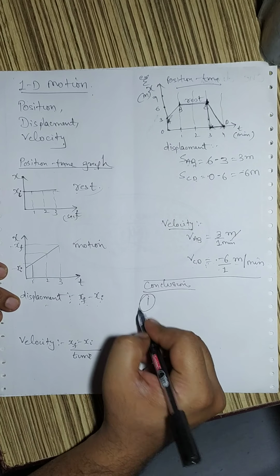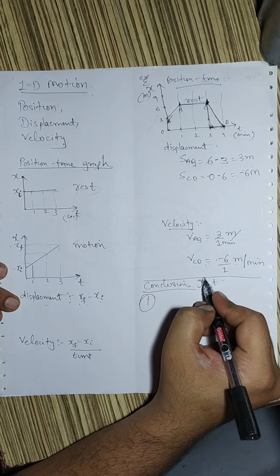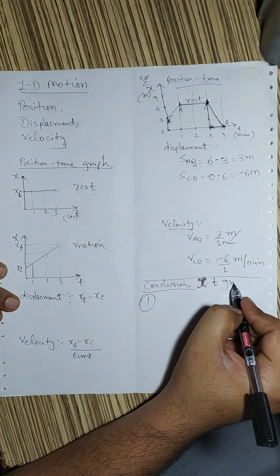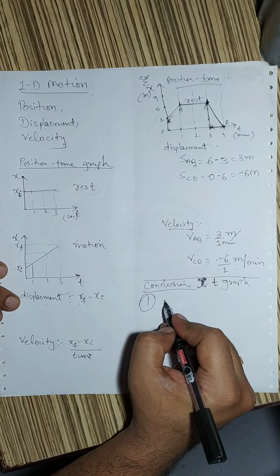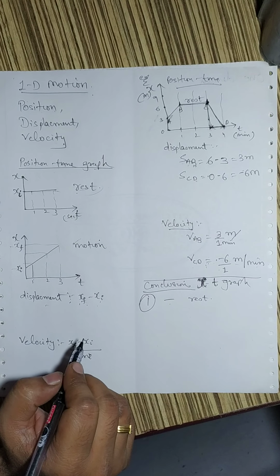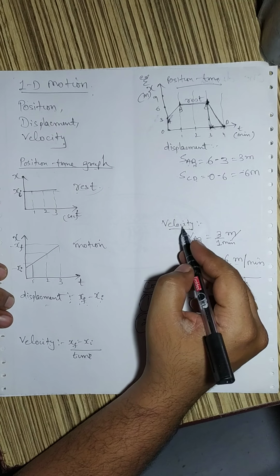From this we obtain certain conclusions regarding the position-time graph, or the XT graph, where X stands for position. The first thing is that a horizontal line represents rest. This will be helpful to you in numericals. Second, look at the calculated velocity.